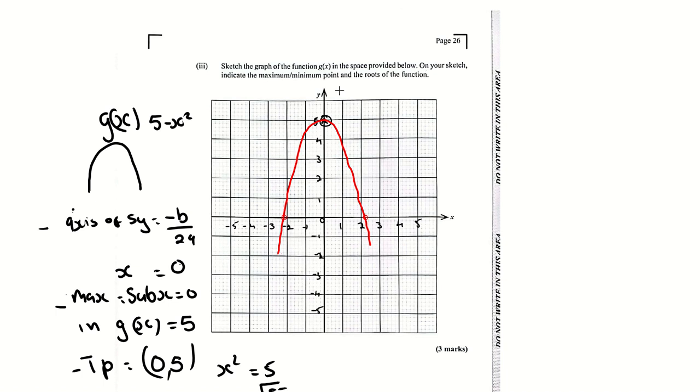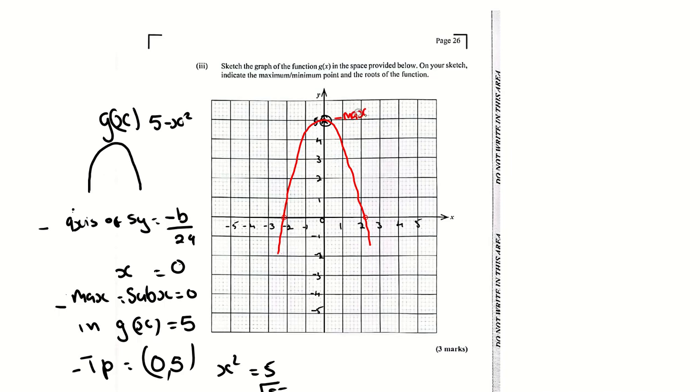And they said on your sketch indicate the maximum or minimum point and the roots of the function. So first off, it is a maximum point.